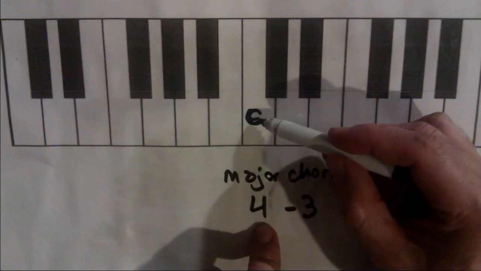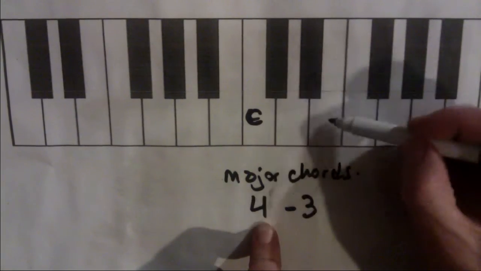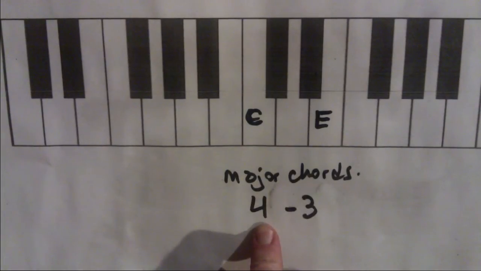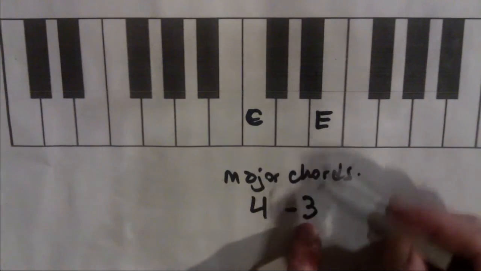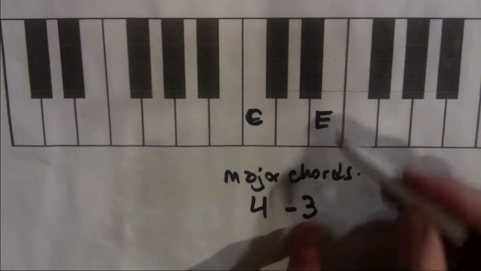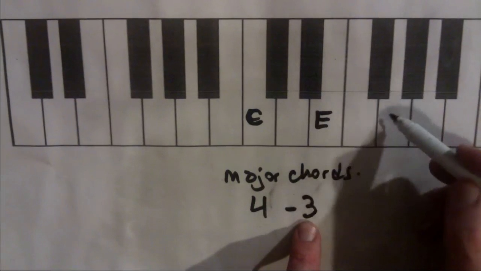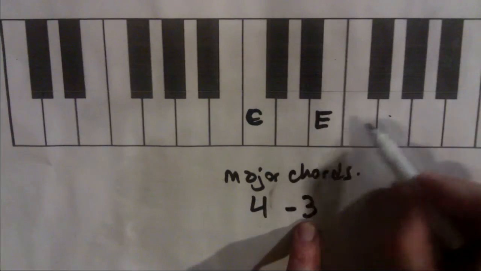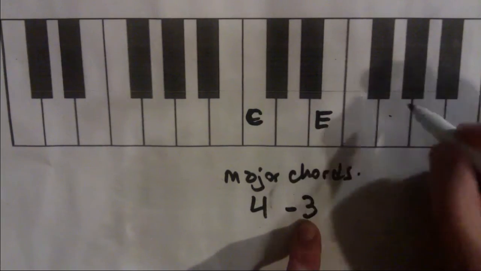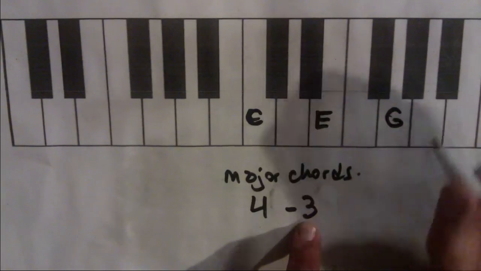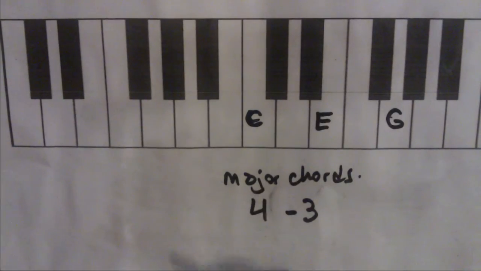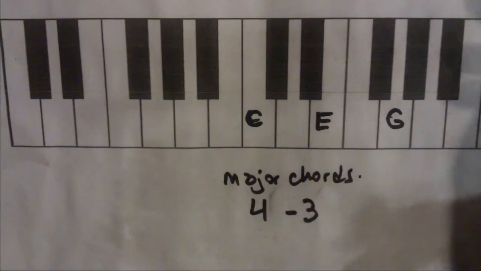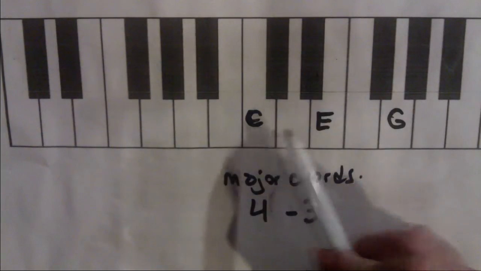If I count from here 0, 1, 2, 3, 4, I have that E is part of a C major chord, and if I go from here 3, 0, 1, 2, 3, so it's 4 S from here and 3 S, or semitones, from here. That has got G. So a C major chord would consist of C, E and G.